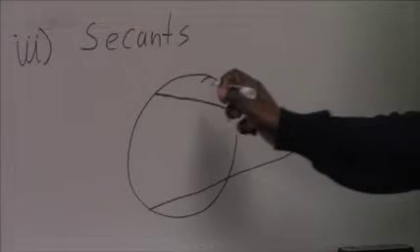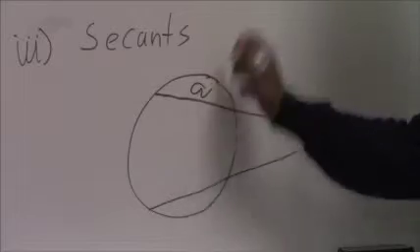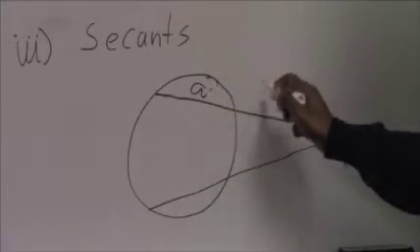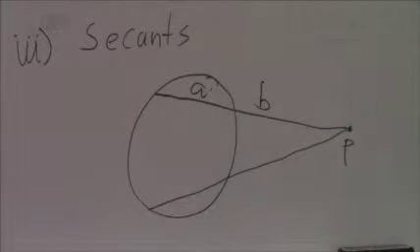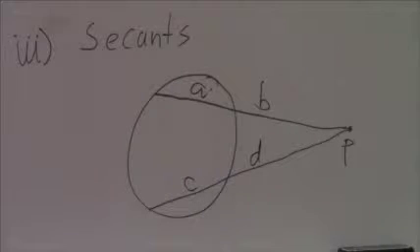Let's say we have this to be A, let's call this B, let's call this C, and let's call this D. Whenever we have this case, then the following rule holds.